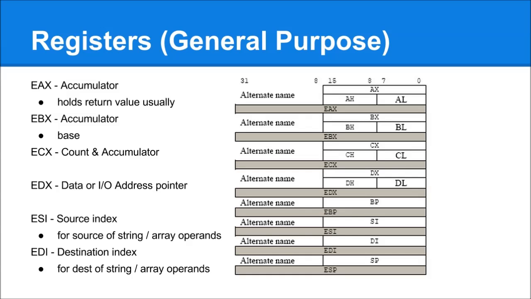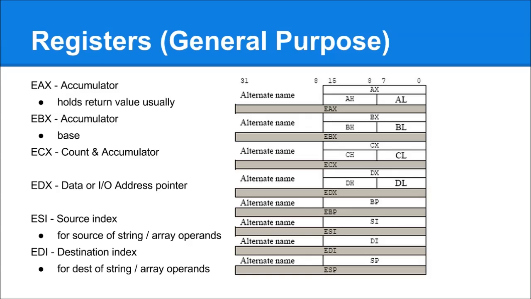Now for accessing arrays and strings, that's where ESI and EDI come in. ESI stands for source index, and it basically denotes the source of that array of data or that sequence of characters that is going to be used for the operand. And the EDI basically denotes the destination that we're going to store the results of whatever computation we are performing.